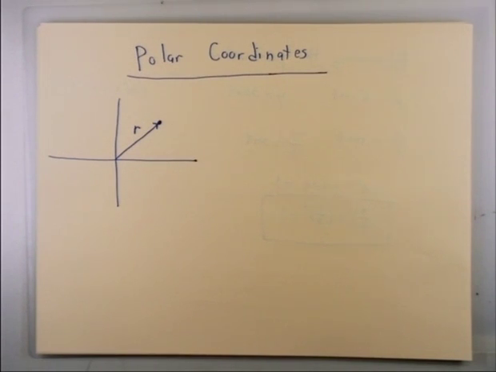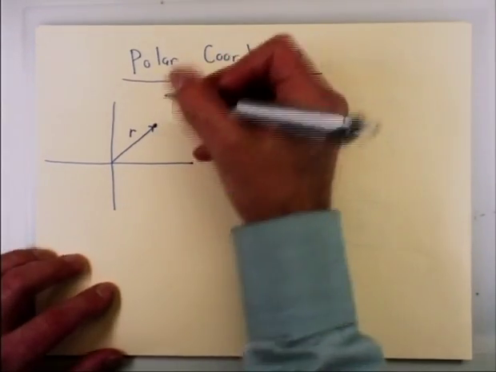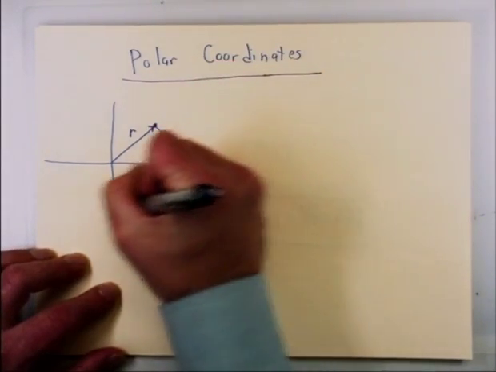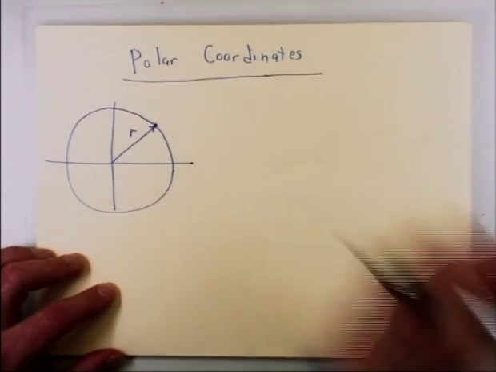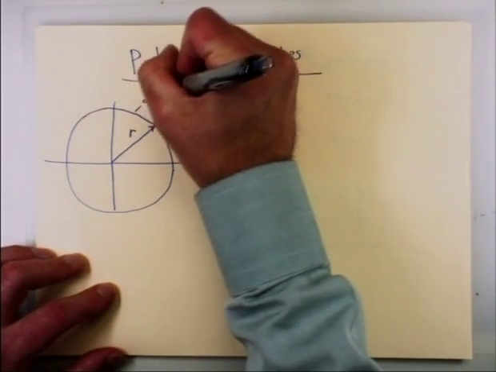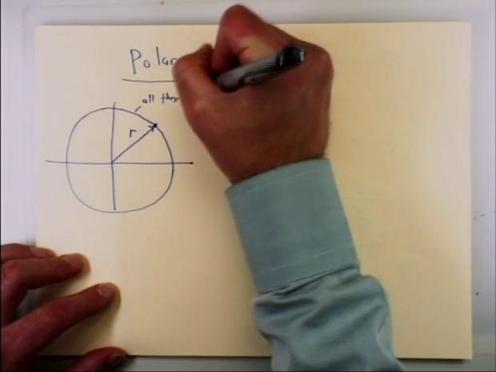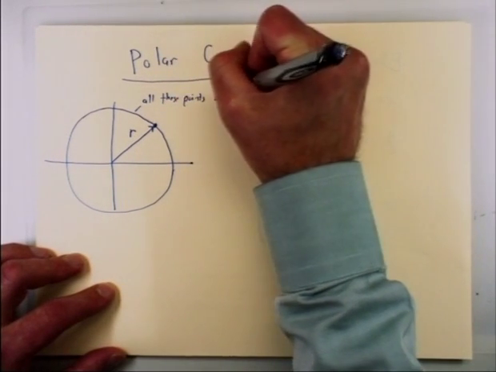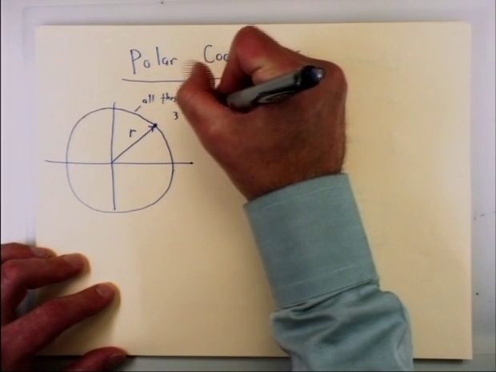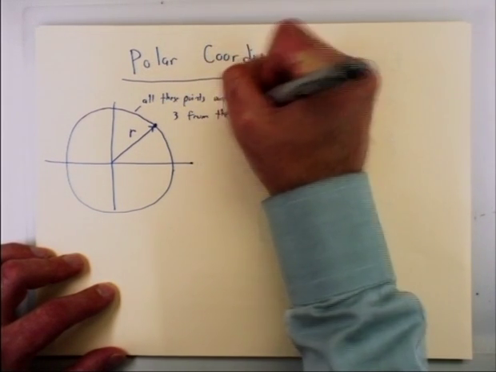Do you know now which point I mean? And of course not, right? Of course there are a lot of points which are distance 3 from the origin. We could even make a picture of them. But what would it look like? Yes, it would be a circle. We can plot something just like this. We could say all these points are 3 from the origin.